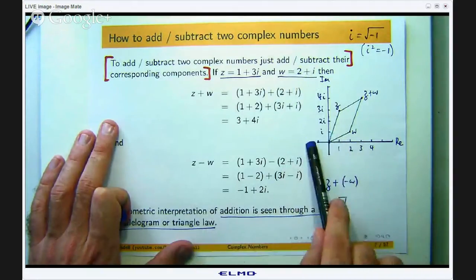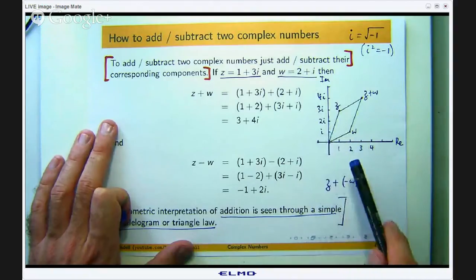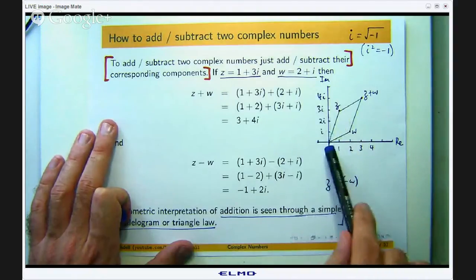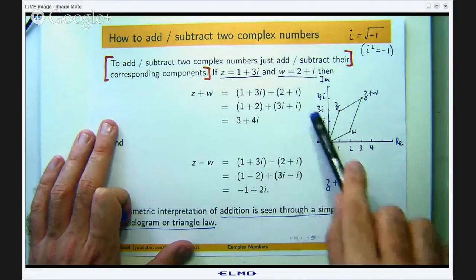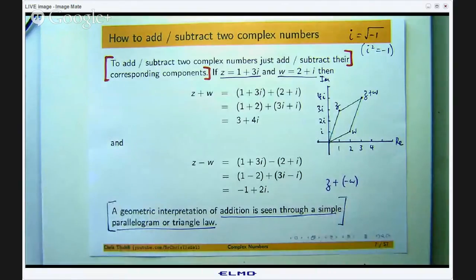Okay, so it'd be negative 2 minus i down here. And then you draw in those two bits and you would draw the parallelogram associated with them. And you know that it's going to end up somewhere up here. Okay, so that's how you would geometrically apply this parallelogram or triangle law to subtraction.